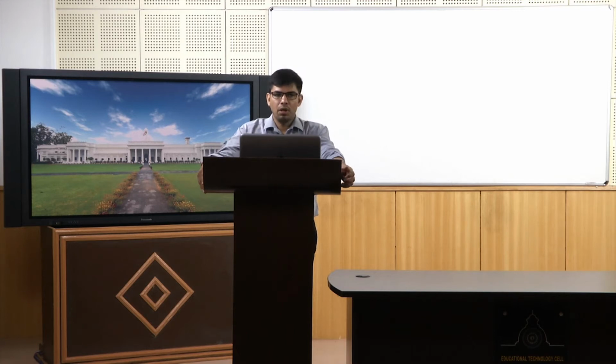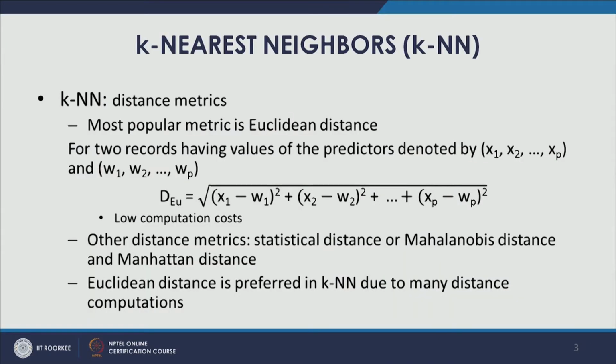We talked about the similarity between records, and specifically that distance based similarity measures are used. One of the popular metrics for distance is the Euclidean distance.